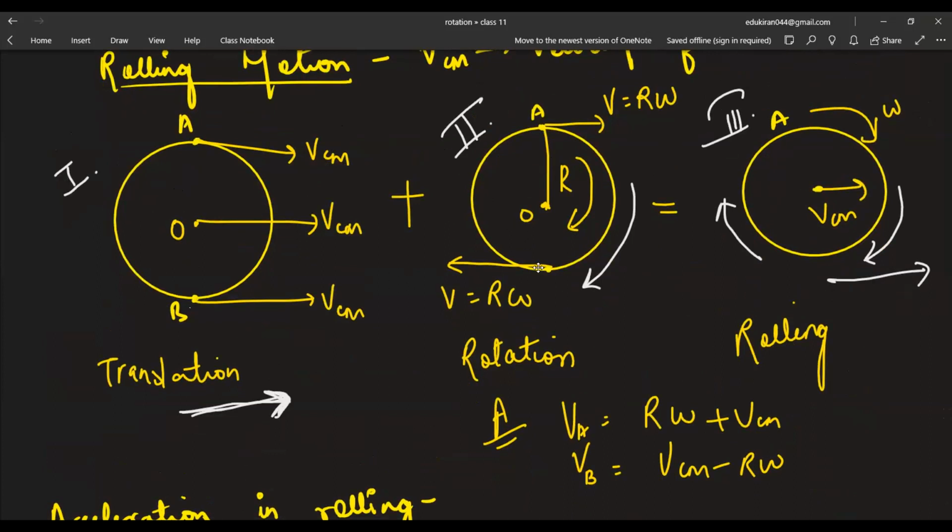But in rotation motion the velocity is always tangential. In translation, wherever the body moves, the velocity is in that direction, so B is straight. But since the rotational velocity is tangential, at this point it is in the opposite direction. So at point B, the net velocity is VCM minus R omega.